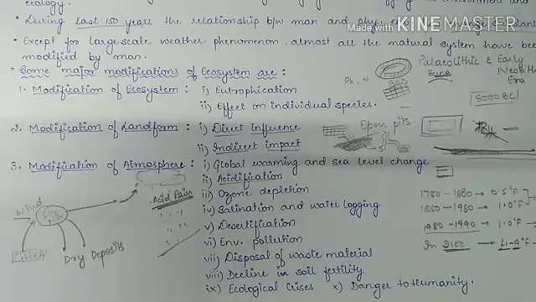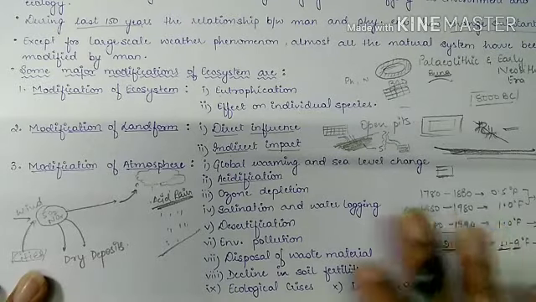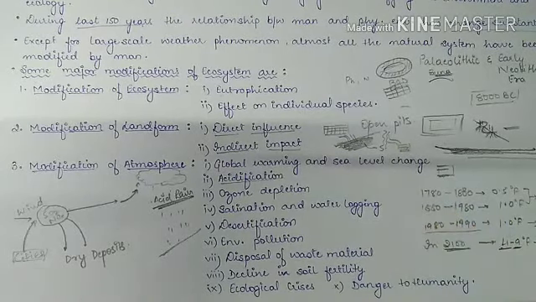Then we have salination and waterlogging. Irrigated land of the world's cultivated land is 12%, of which the land adversely affected is 7%.